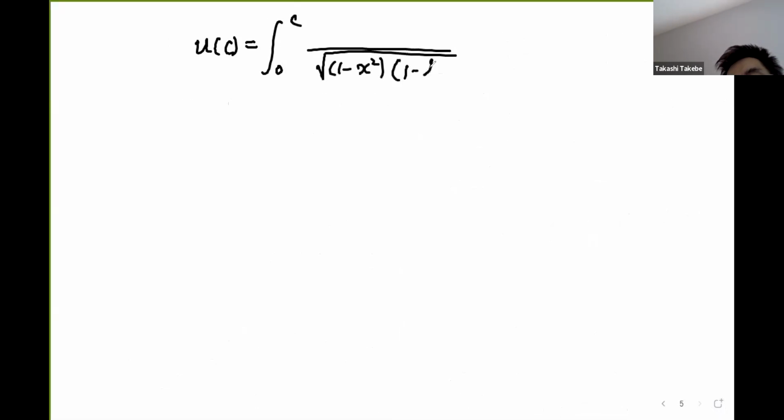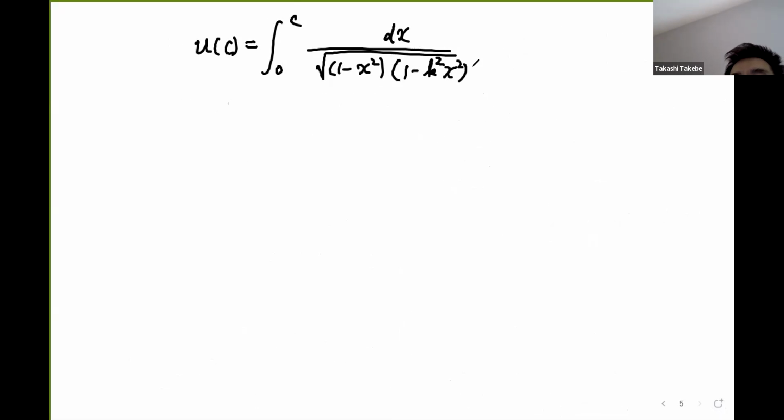But let's consider the incomplete elliptic integral of the first kind.